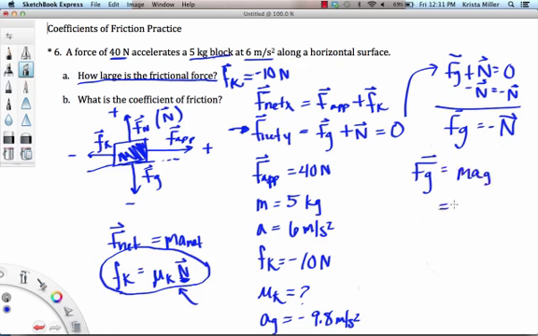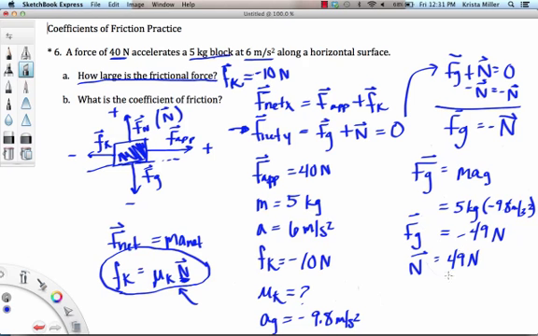Mass is 5 kilograms, and acceleration due to gravity is negative 9.8 meters per second squared. Take a minute and figure out what that's going to be. You should be getting negative 49 newtons. So the force of gravity is negative 49 newtons, which means the normal force is positive 49 newtons.